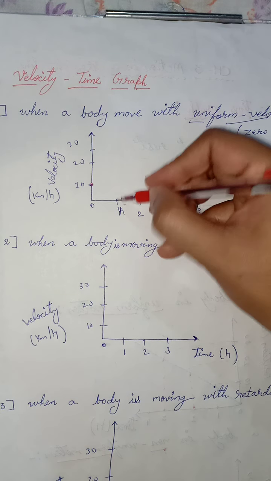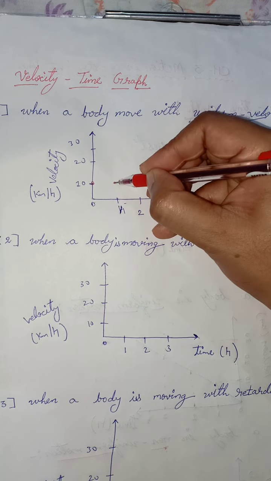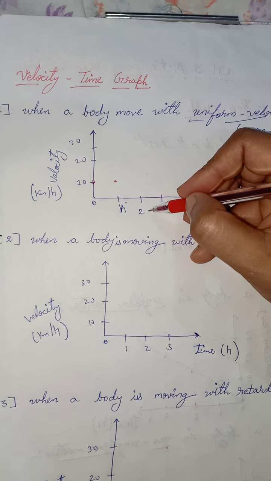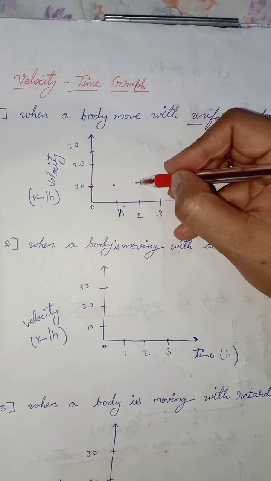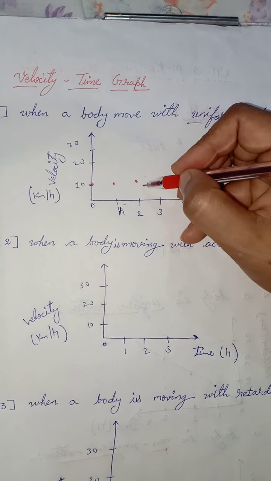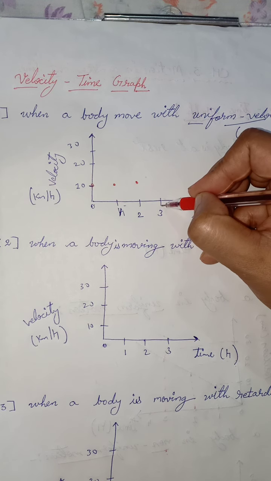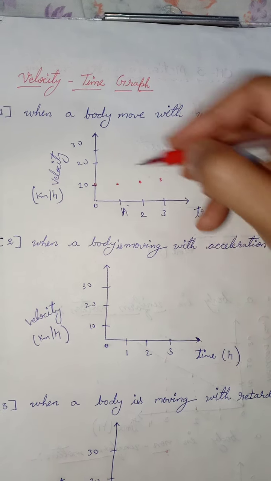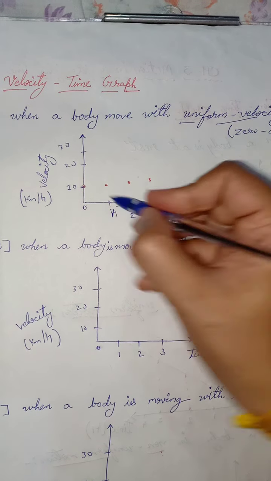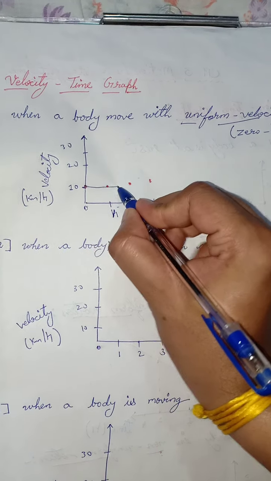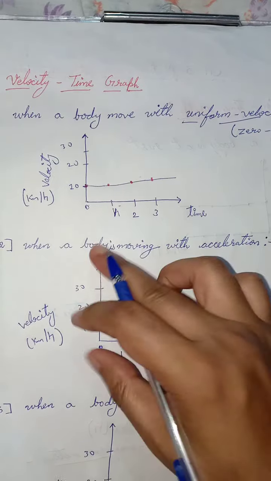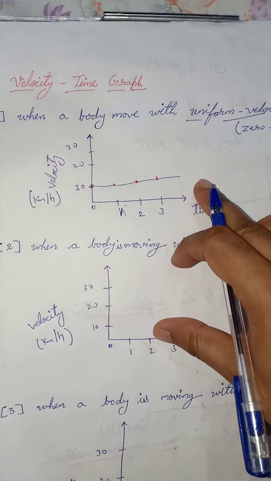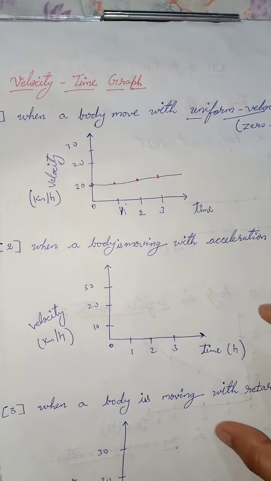In the next 1 hour again the velocity will be 10 kilometer per hour. Again in the next 1 hour the velocity will be 10 kilometer per hour. Again in the next 1 hour the velocity will be 10 kilometer per hour. So what pattern are we having here? The pattern will be a straight line parallel to the x-axis. So this type of pattern will be there for uniform velocity.